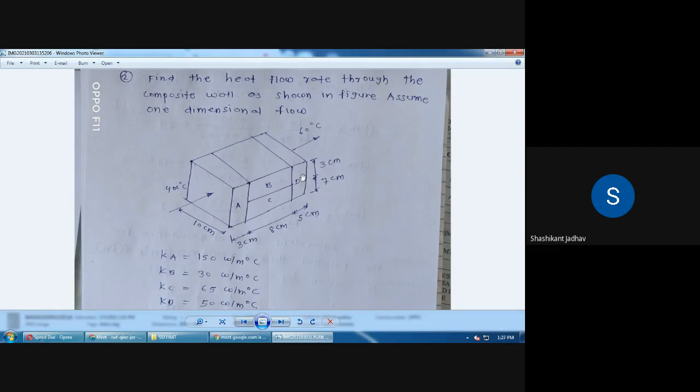For plate B, height is 3 centimeter, and for plate C, height is 7 centimeter. Okay. And below that diagram, thermal conductivity of each layer is given: for layer A, then layer B, then layer C.